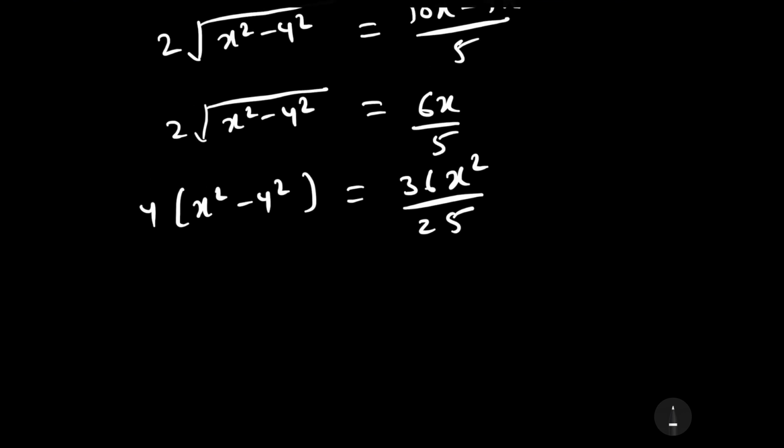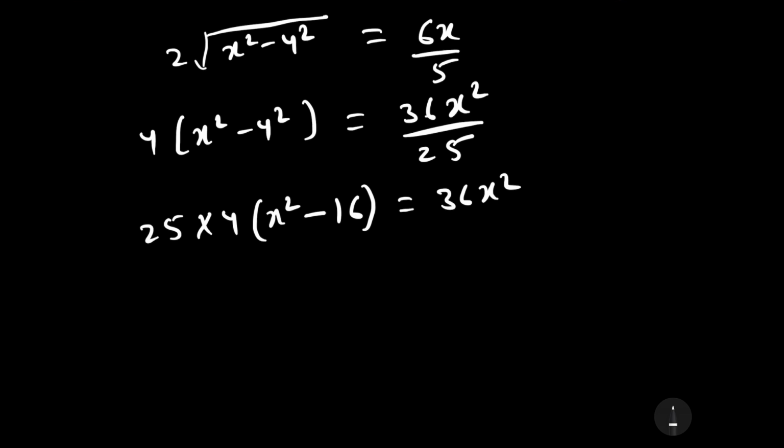Now we can write it as, cross multiplying 25 and multiplying it with the 4, this will equal 25 into 4, x square minus square of 4 which is 16, and this is equal to 36x square.